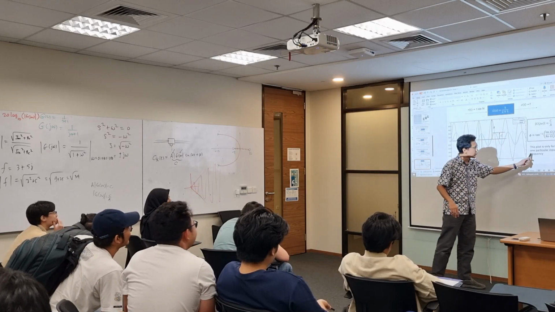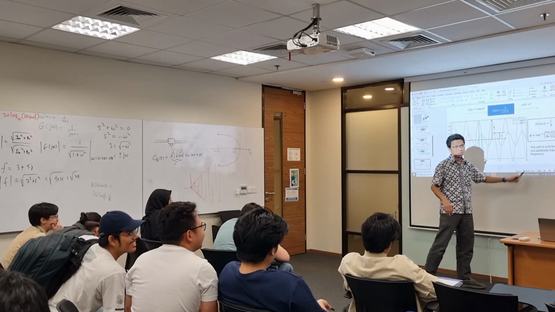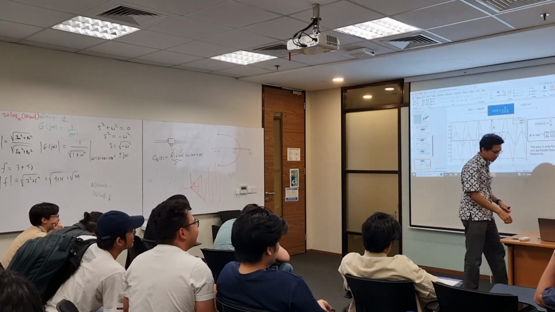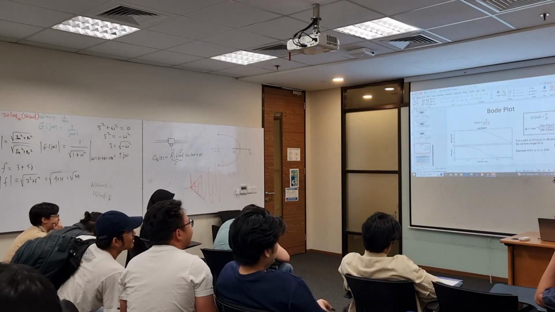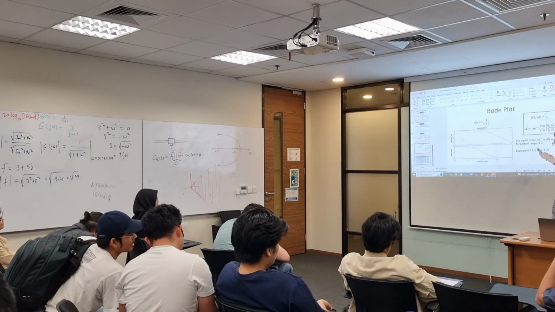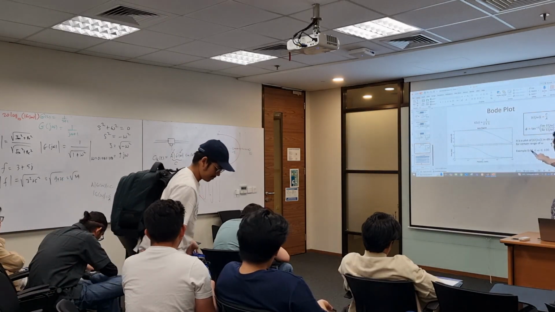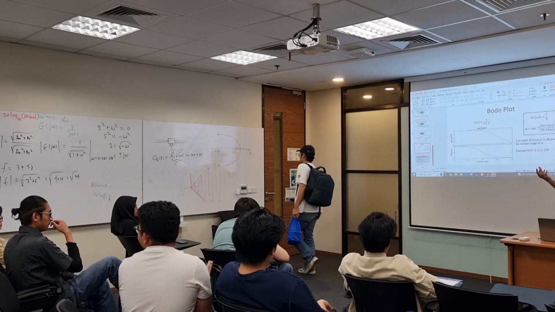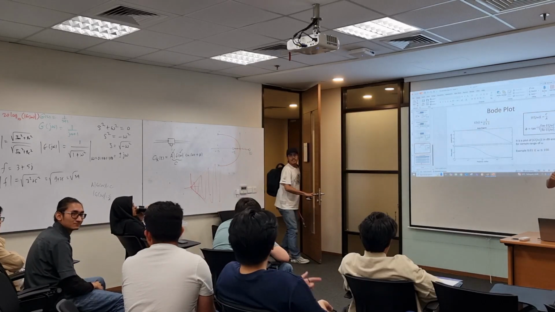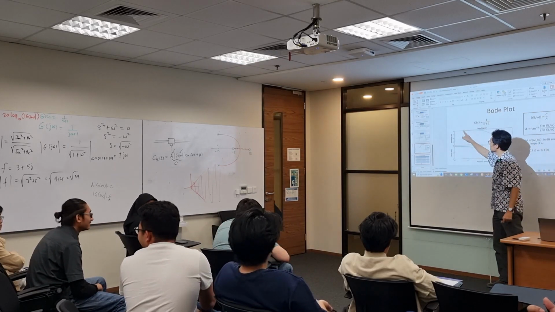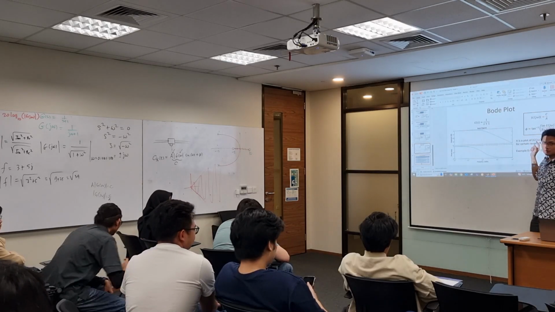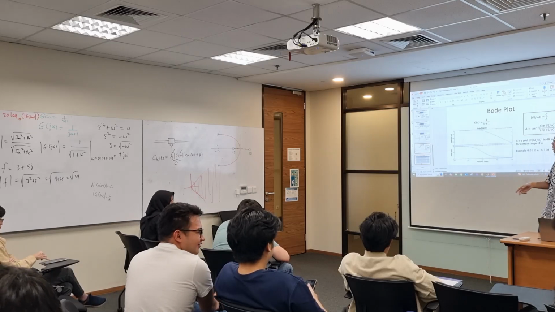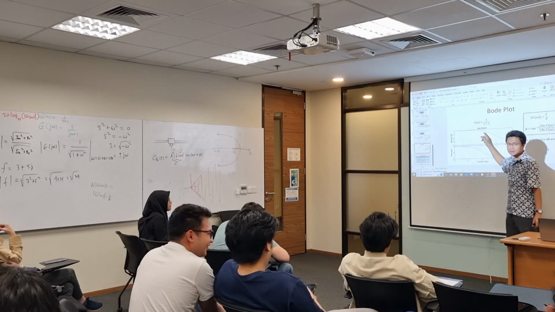If we change the input frequency, we take the magnitude first. Then if we take the ratio between C and A, we get this for different frequencies. Okay, that makes sense. Now from here we can study the stability of the system.